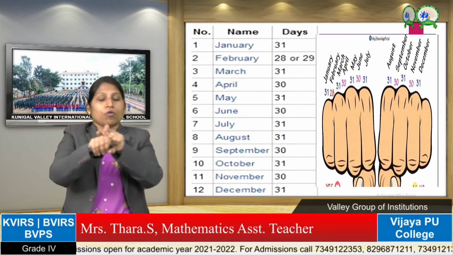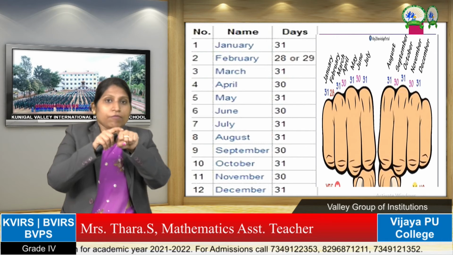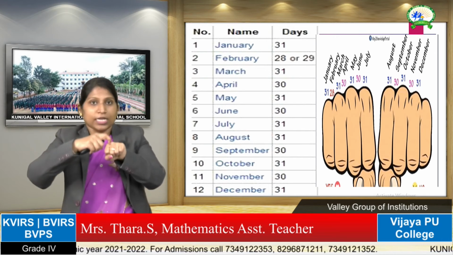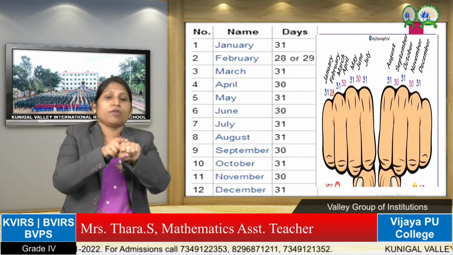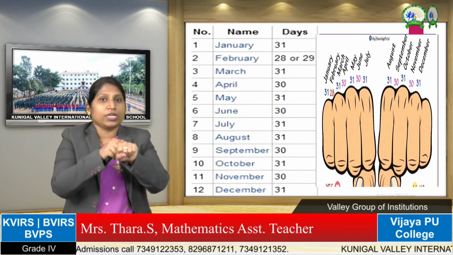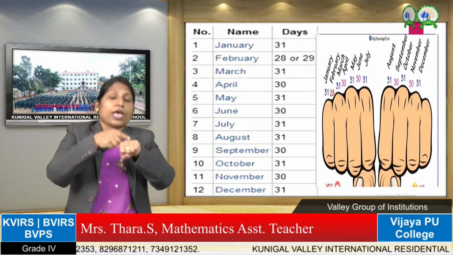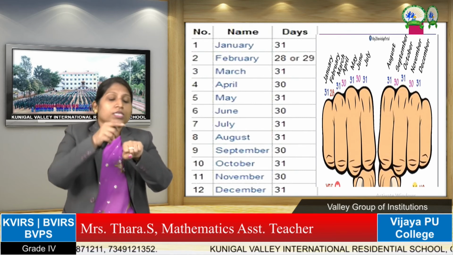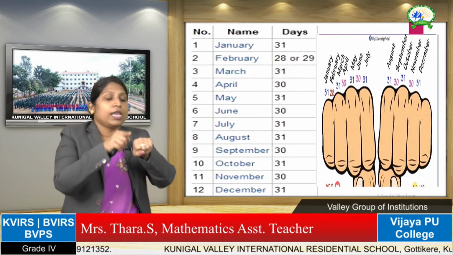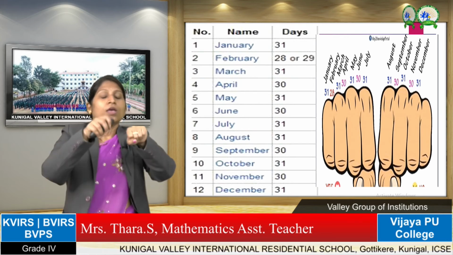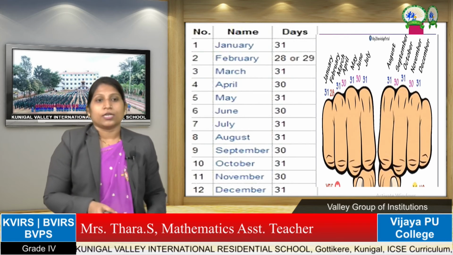Till this you have to count. A bump shows 31 days and a dip shows 30 days, except February. February we have 28 or 29 days; I will tell you about that. Leaving this month, every month we have 31 days, 30, 31 days, 30. Like this you have to count by using your hand, children.